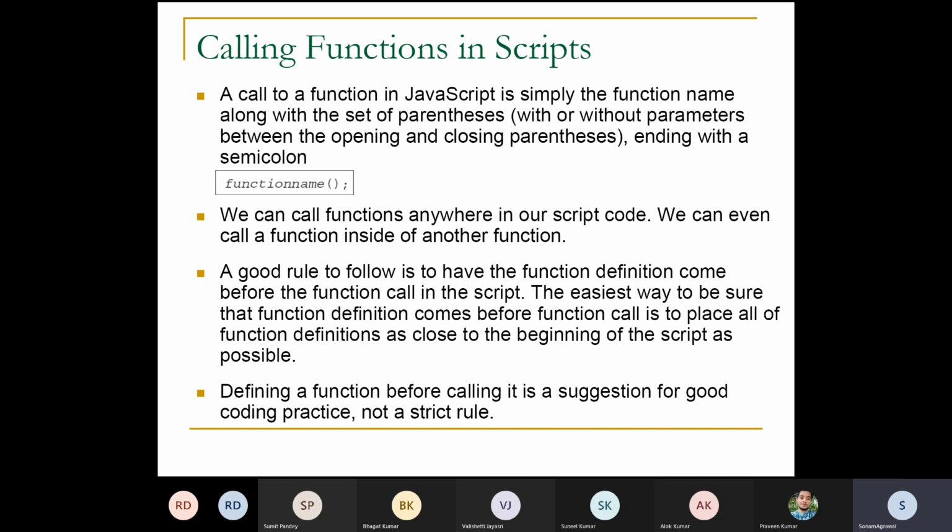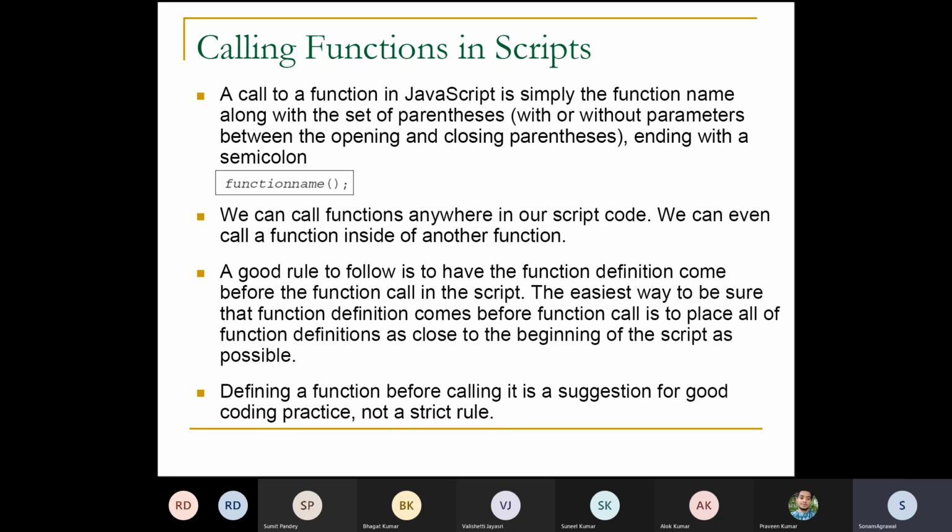Calling a function. A call to a function in JavaScript is simply the function name along with the set of parentheses, with or without parameters between the opening and closing parentheses, ending with a semicolon like this. We can call functions anywhere in our script. We can even call a function inside of another function.